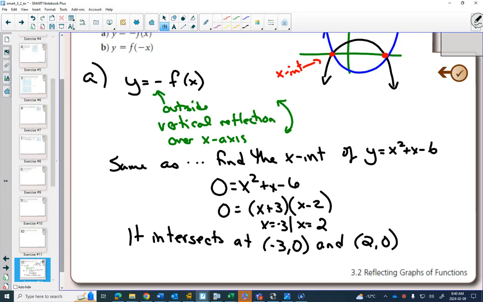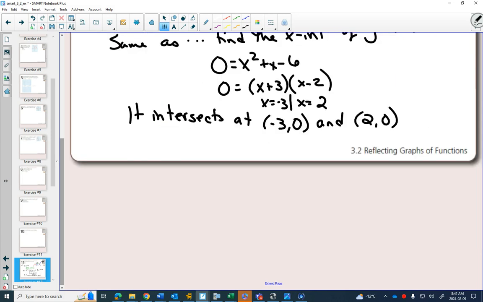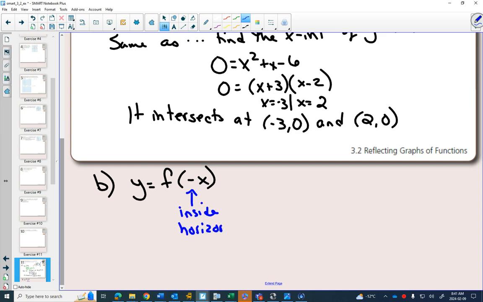For part B, now the negative is inside. Everything is horizontal when it's inside, so this is a horizontal reflection, which will be over the y-axis.